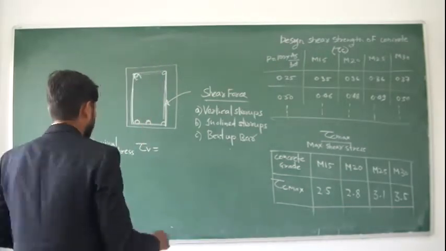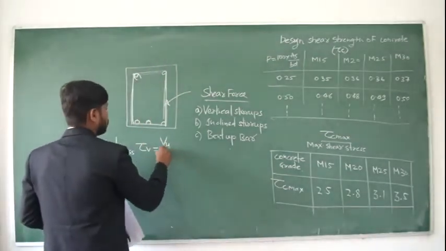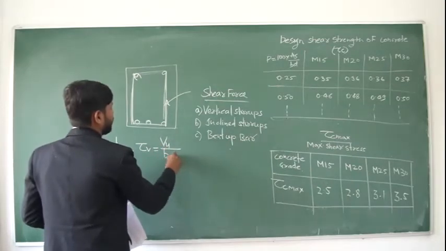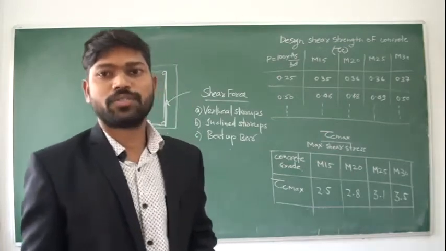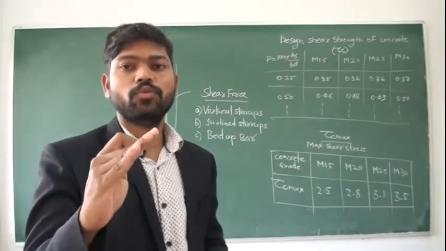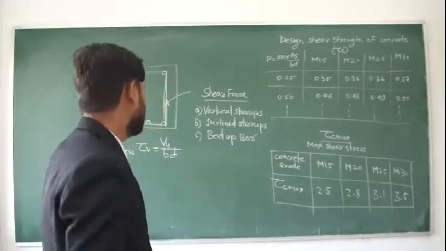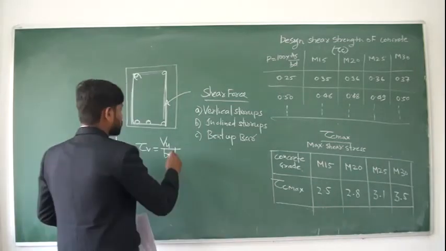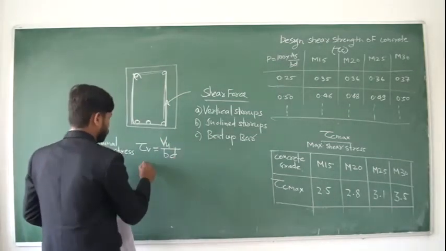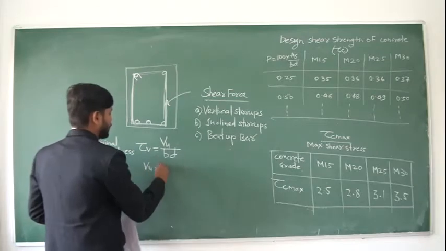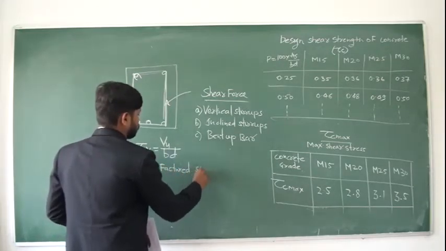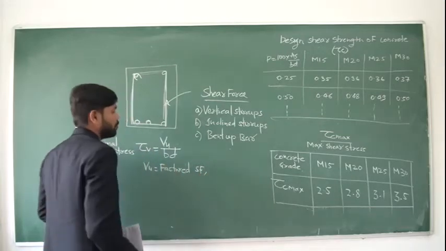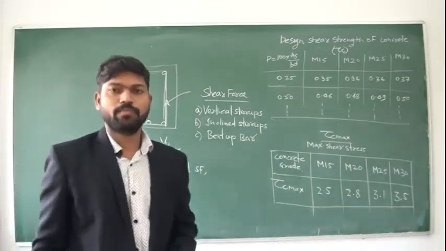So it is equal to VU divided by area, and the area will be the cross sectional area of the beam. VU divided by BD. Now this VU is the factored shear force, B is the width of the beam and D is the depth of the beam.